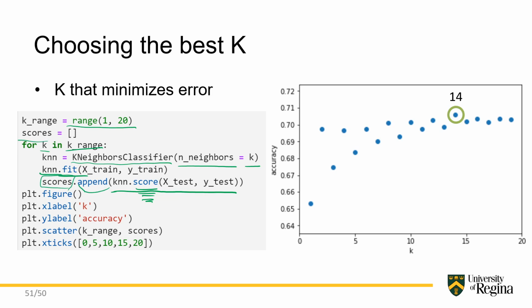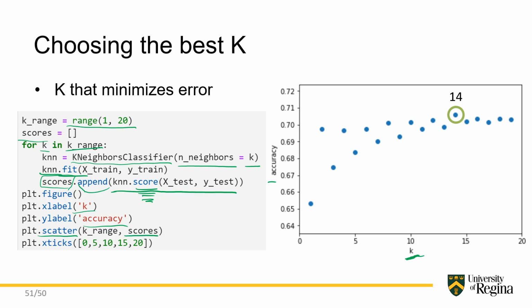And then we create a plot, plt.figure, where x is k and y is accuracy. This is the k, this is the accuracy, and we create a scatter plot. This is the scatter plot that I mentioned is a good plot for visualizing the relationship between 2 variables.